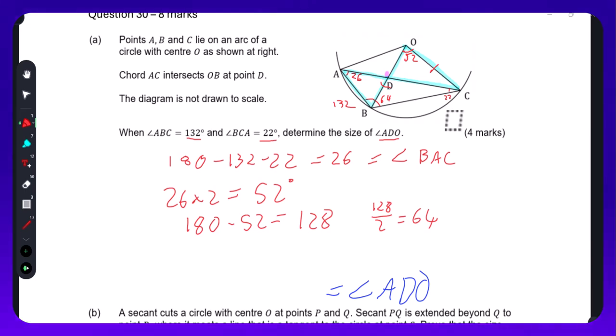And this one over here will be 22. And over here it will be 64 take 22, which equals 42, which will be that one in there, 42. 42 plus 52 is 96.